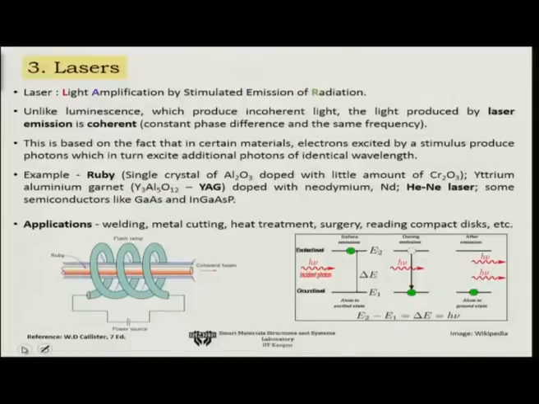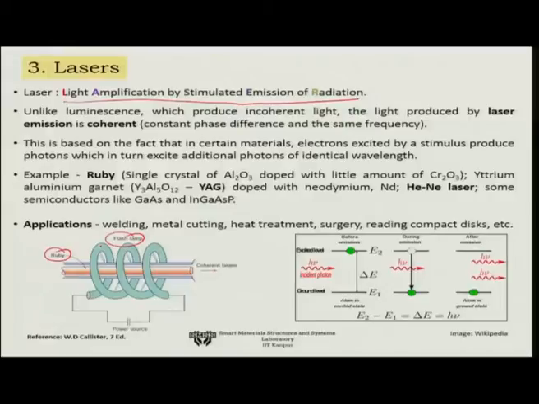The third and the most important one, and towards the end of this course we will show you some of these applications to lasers, is light amplification by stimulated emission of radiation. For example, in this case you have a ruby crystal and a flash lamp from which you are providing energy to the system.